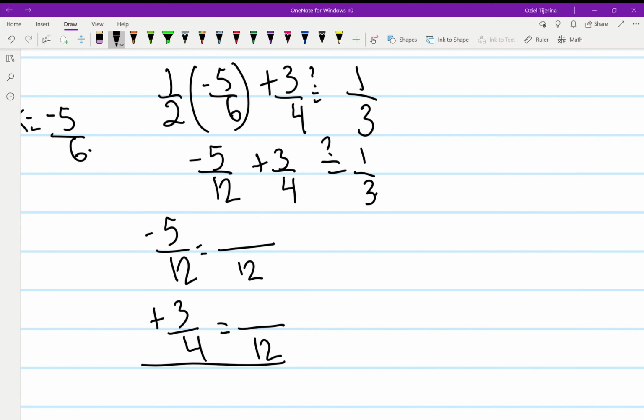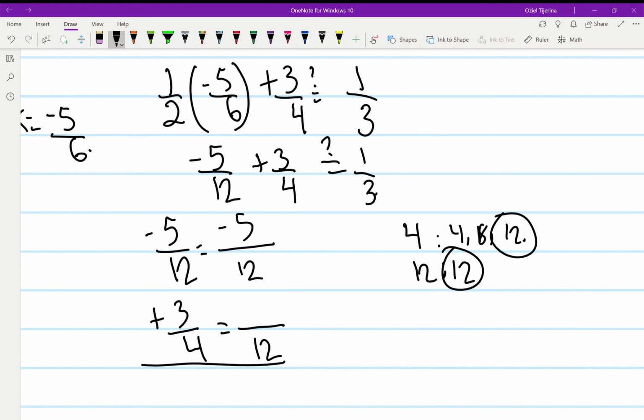I can't remember which one it is, but you do this. You get 4 and 12, and you count by 4s: 4, 8, 12, and here you just do by 12. So you know that they both have 12 in them. So you do times 1, you get negative 5, and then times 3, you get 9.